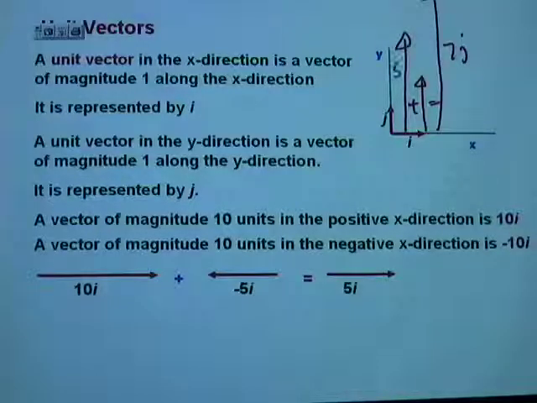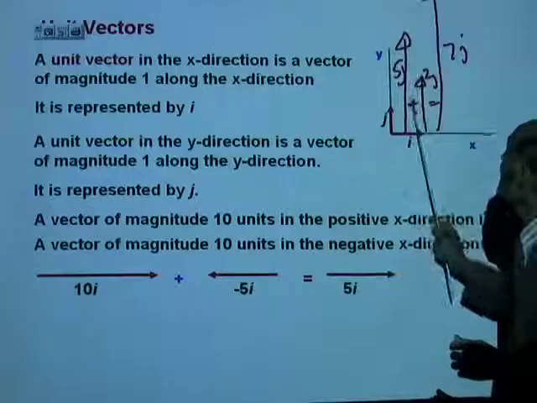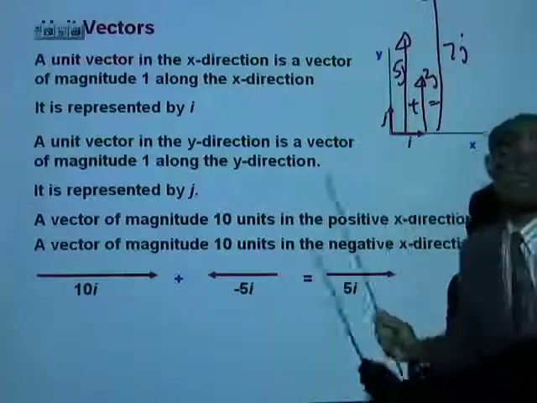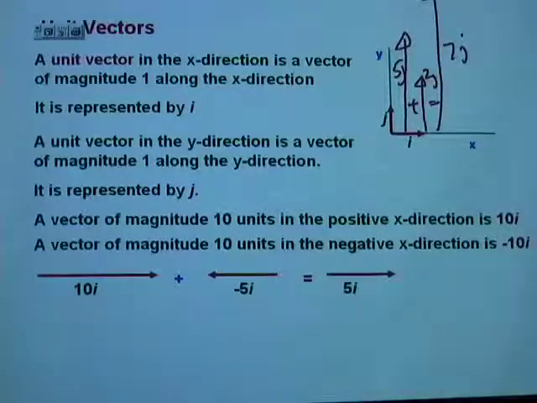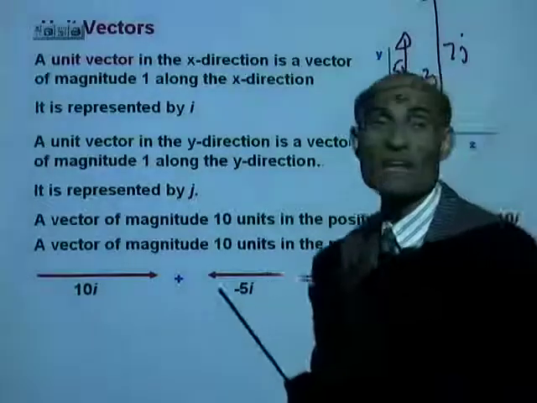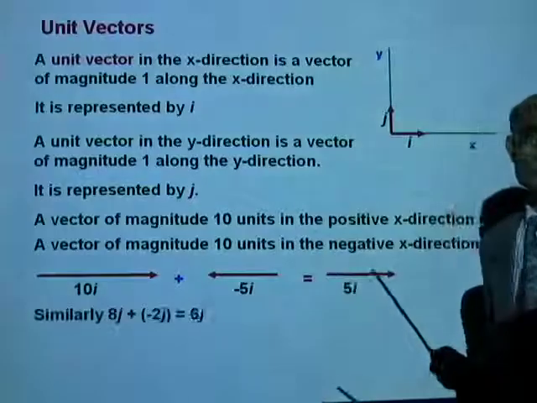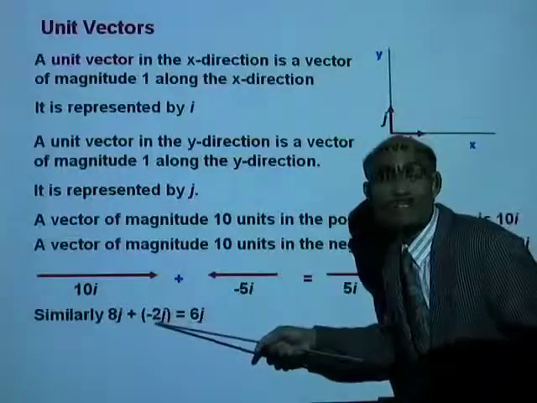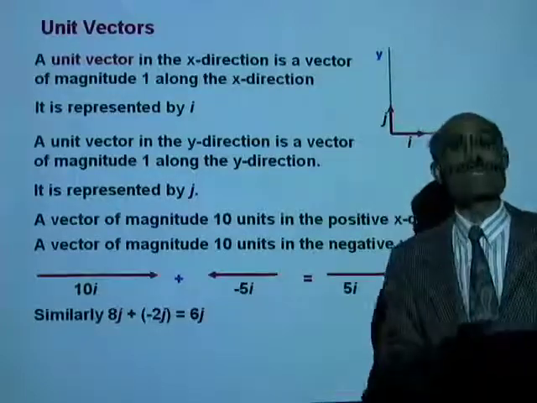So 5j plus 2j is 7j. So it's easy to add vectors that are in the proper x and y directions. 8j plus negative 2j is 6j.